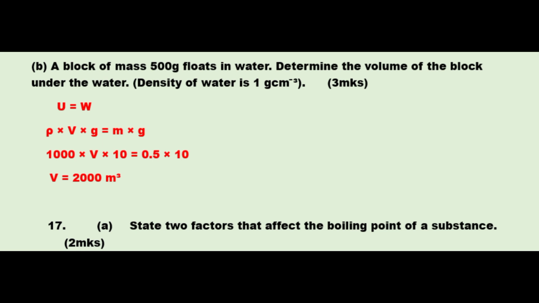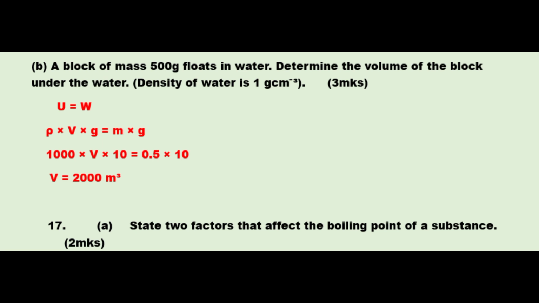That means upthrust is equal to the weight of the solid. Upthrust is rho Vg. Rho is 1000, volume we do not have, g is 10, equals mg, 0.5 kilogram times 10. Then you get a volume is 2000 cubic meters.